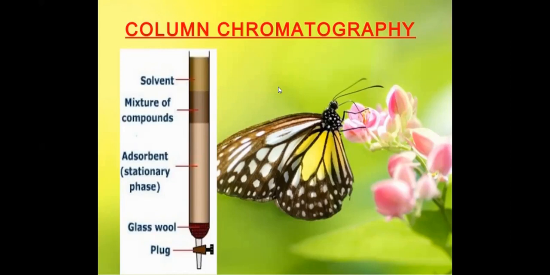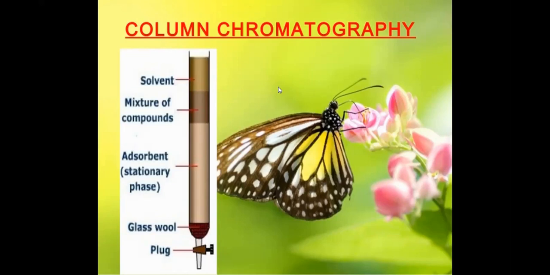This is a very simple experimental design: preparation of the stationary phase, that is the adsorbent, in a glass column, then add the mobile phase, and then add the substances or analytes, and then develop the complete chromatogram, and then remove the analytes, separate them out, and identify.